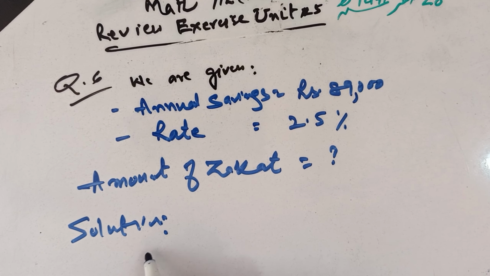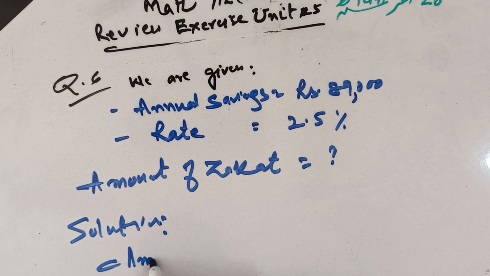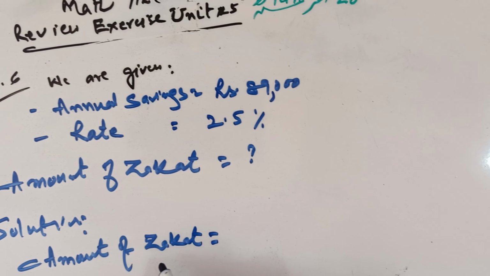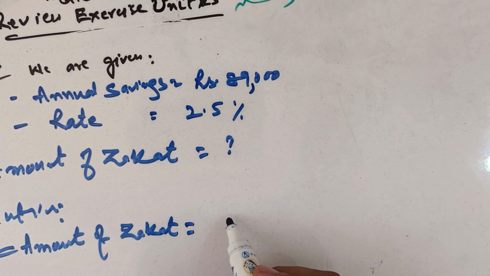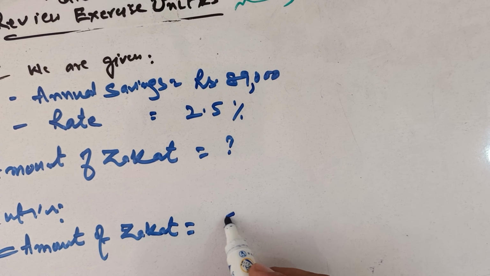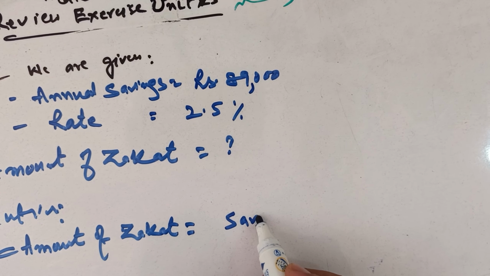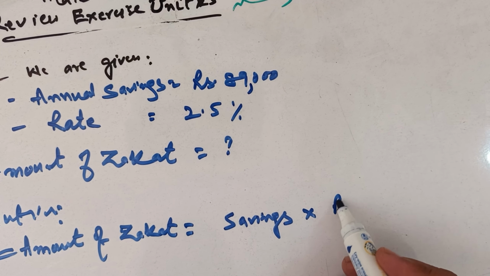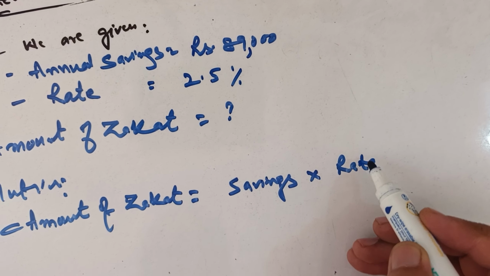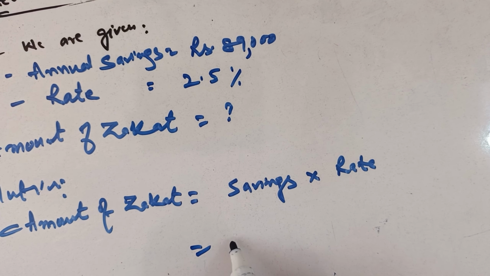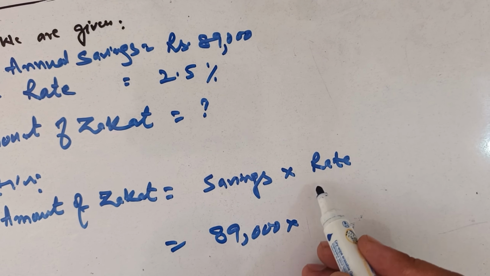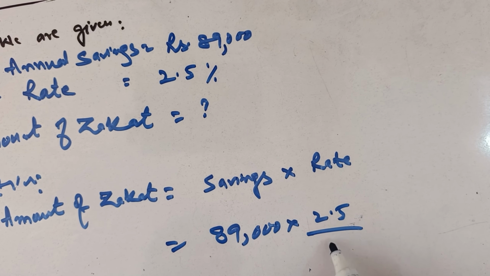Amount of zakat, how can we find? So formula is equal to savings, or annual savings, simply we can write savings, into rate. Savings is 89,000, and rate is 2.5%.